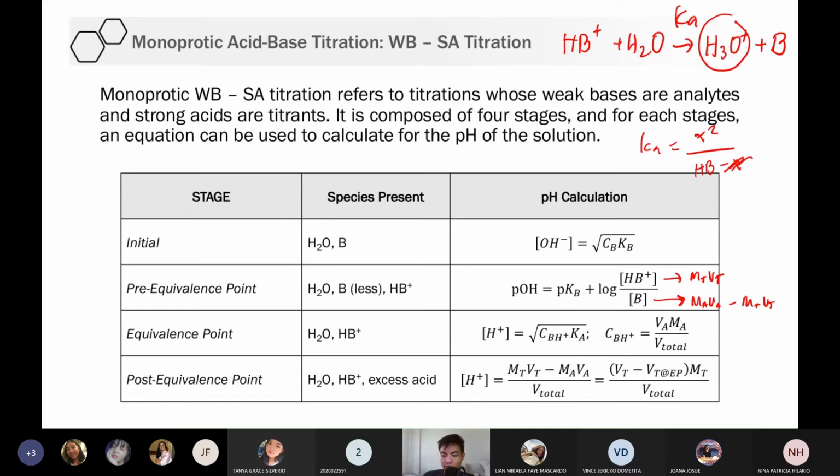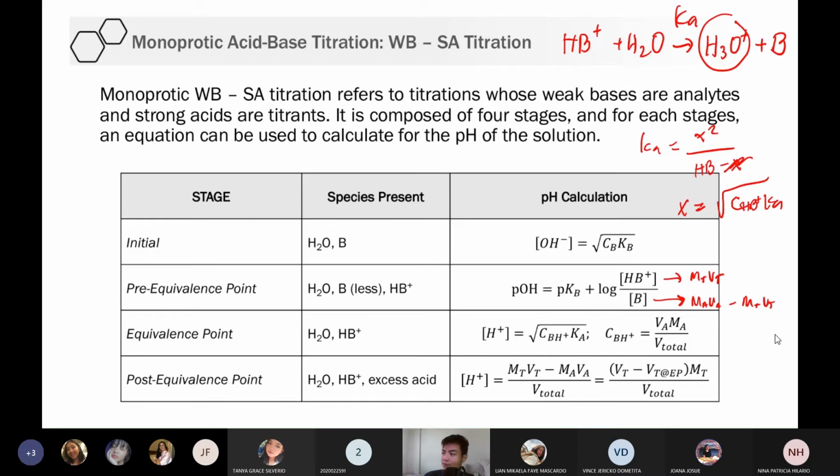Burahin mo yung x, small x kasi. So, x is equal to the square root of CHB plus times the Ka. Okay. So, yan. Pinagbaliktad ko lang. So, yun yung dahilan. Equilibrium lang din. Okay. As long as you know the equilibrium, gets mo na to.